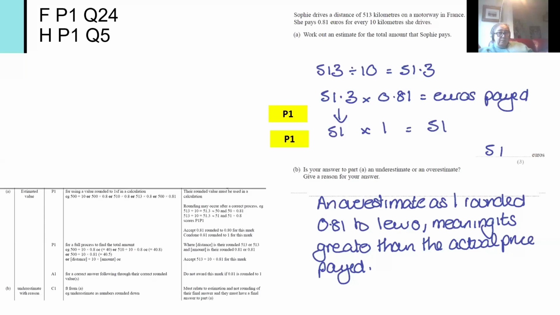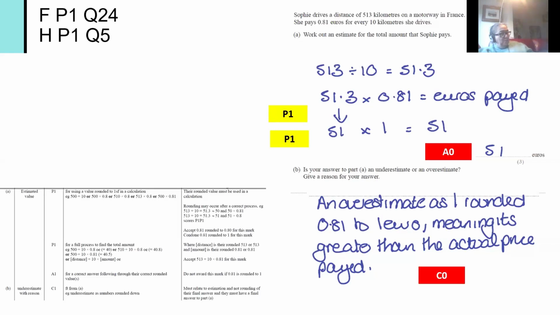And then the second one, to find the total amount, i.e. the distance. So they were given the second mark for that, but their final mark was not given, again, because they'd rounded 0.81 to 1. So it's not always, in that case, it was 1 sig fig, 0.81.